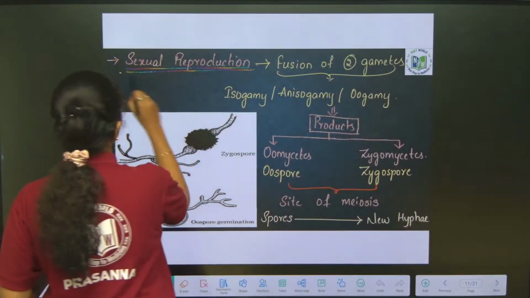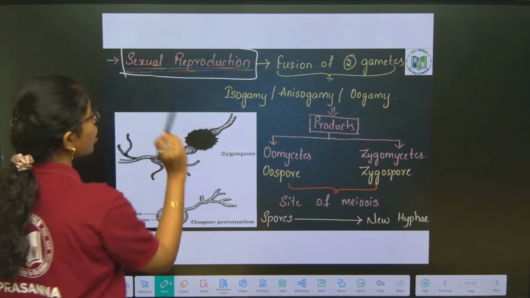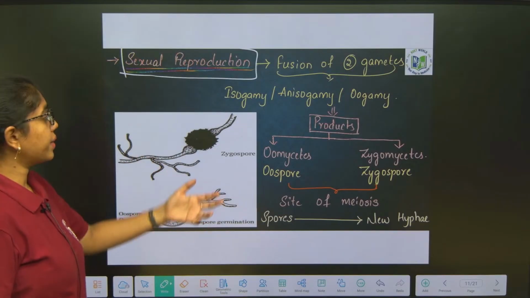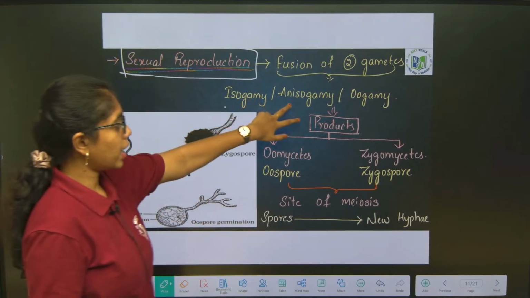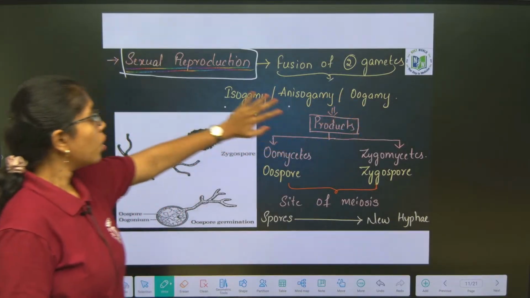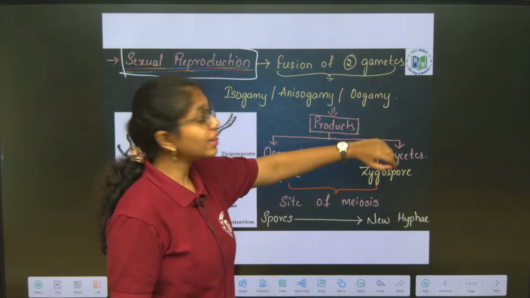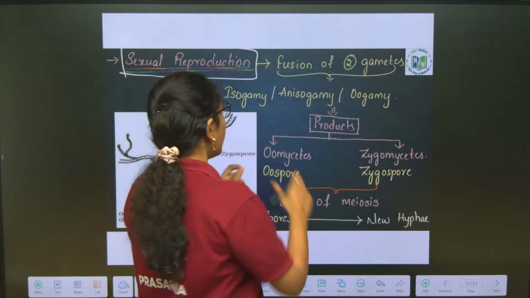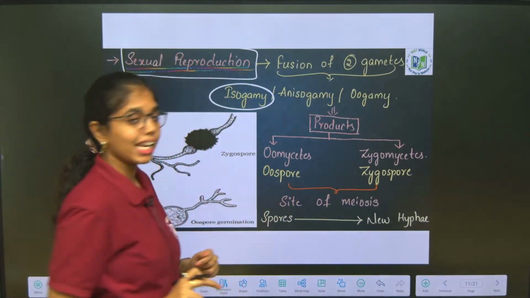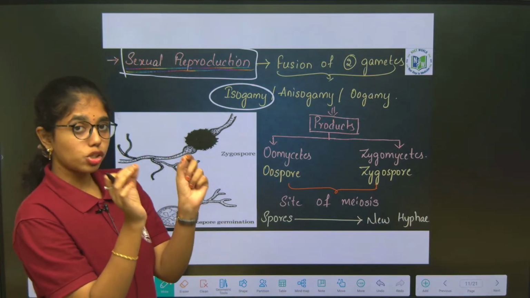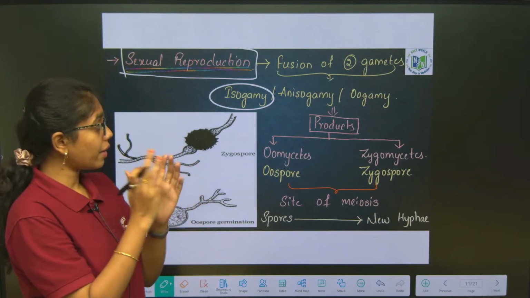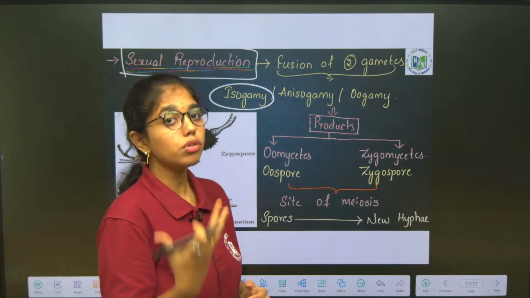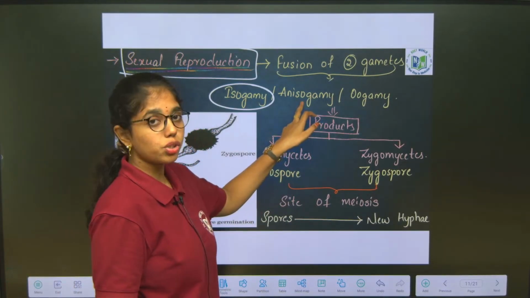Sexual reproduction, if you have to look into, is fusion of 2 gametes. This fusion can be through isogamy, anisogamy and oogamy. What is isogamy? If both the gametes are similar in structure and physiology and they are fusing, it is called isogamy. If 2 gametes or 2 compatible strains which are fusing are differentiated either through physiology or through structure, then it is anisogamy.